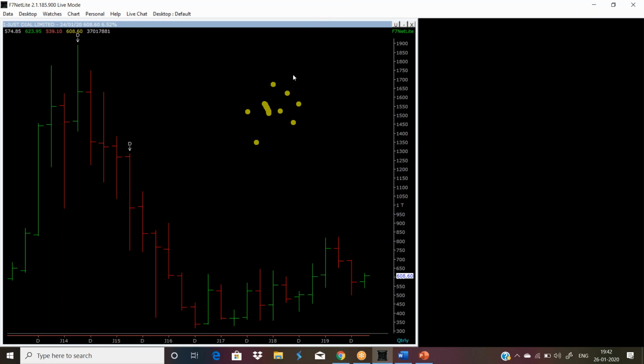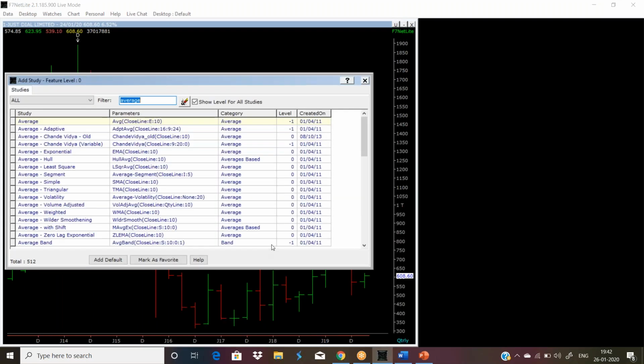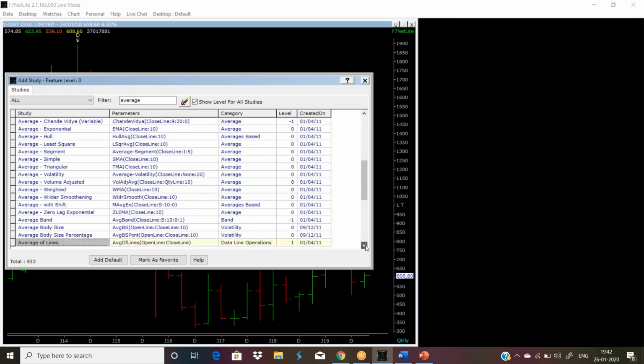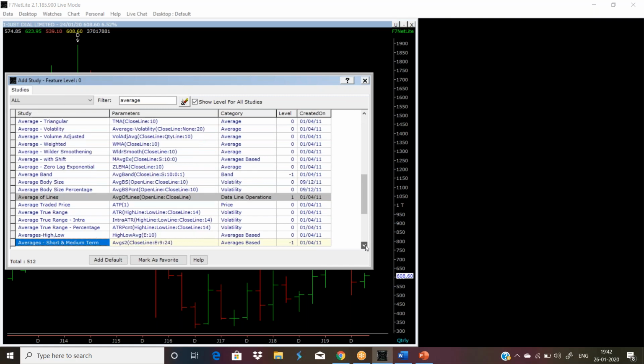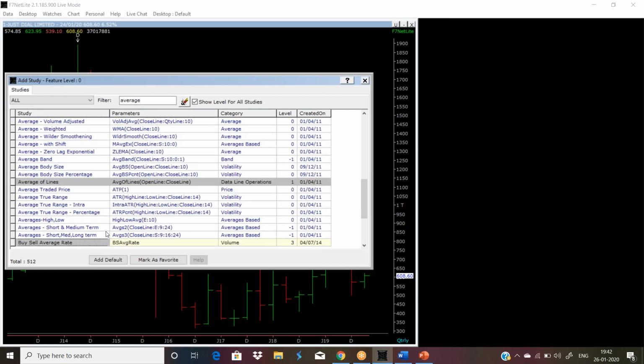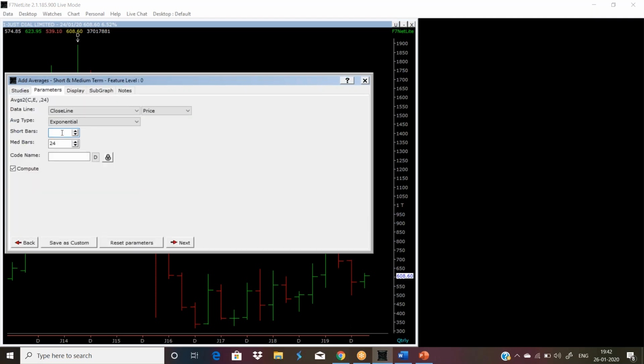I should add study, short average and mid average. Calculation part I will take afterwards. Short average as EMA 6. Here I'm taking a short average as 6, exponential average, and mid average as 30.